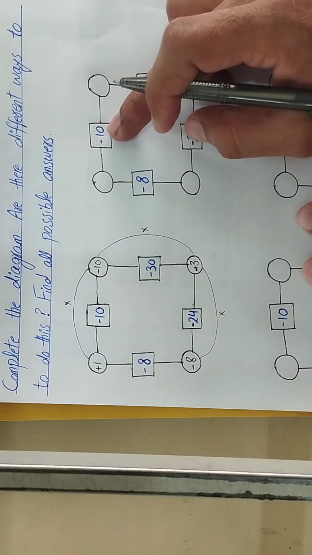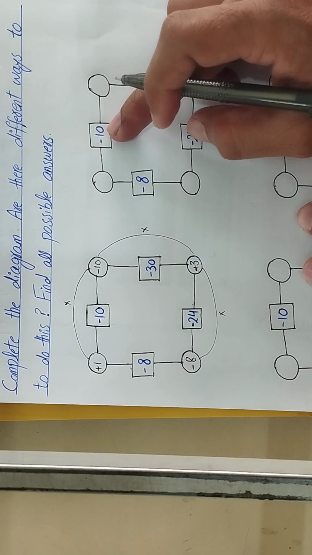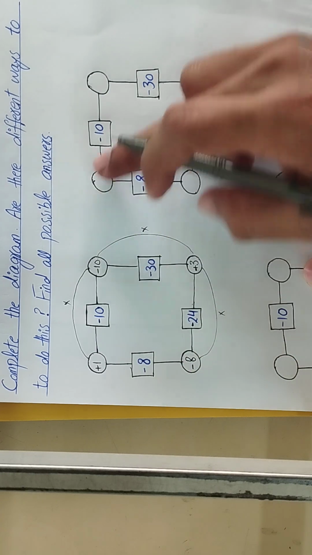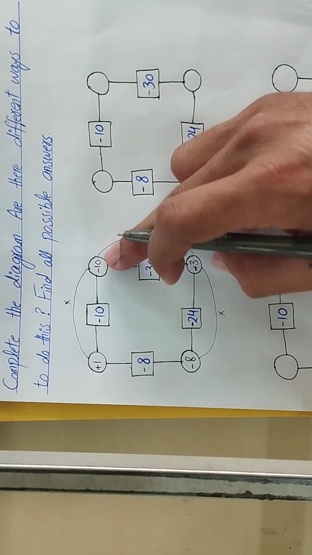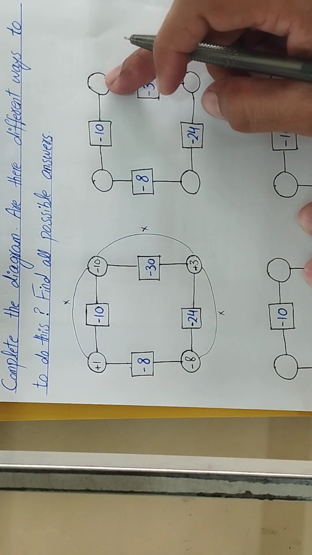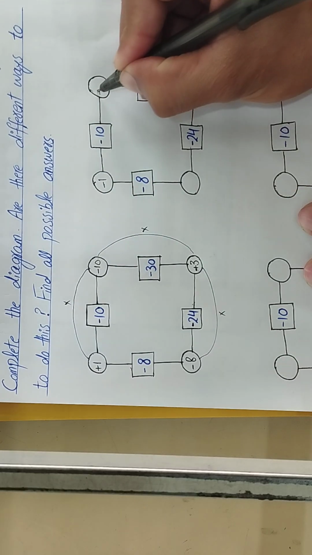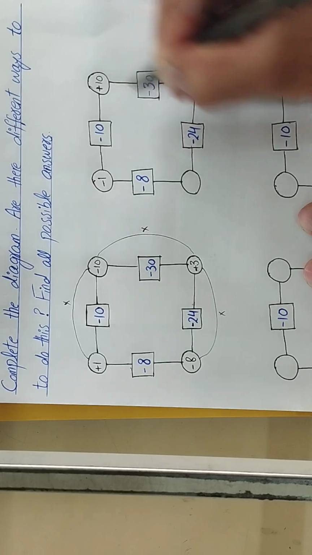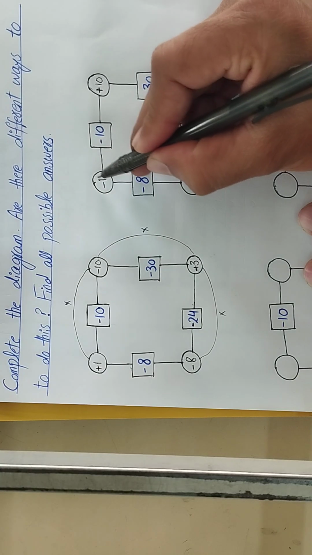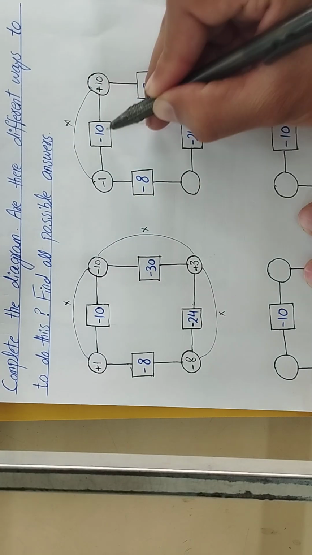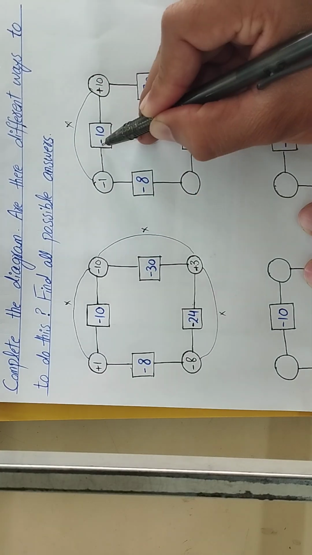Now can we get this minus 10 by writing different numbers in these circles other than plus 1 and minus 10? Yes, we can get minus 10 if we write minus 1 here and plus 10 here. You can see that when we multiply these two numbers, 1 tens are 10 and minus multiply plus is minus.